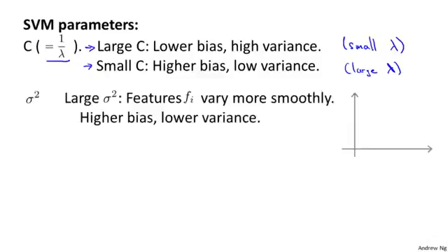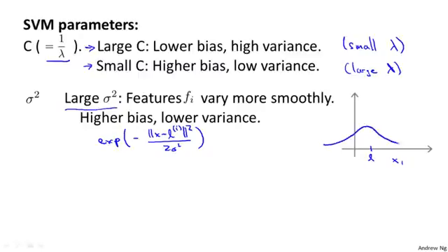So this parameter C is one of the parameters we need to choose. The other one is the parameter sigma squared, which appeared in the Gaussian kernel. So if sigma squared is large, then in the similarity function, which was e to the minus the squared norm of x minus the landmark, over 2 sigma squared, in this 1D example, if I have only one feature x1 and a landmark at that location, then if sigma squared is large, the Gaussian kernel will tend to fall off relatively slowly.